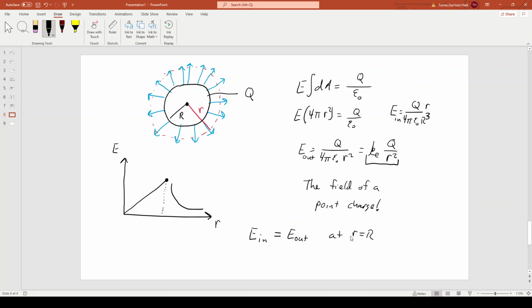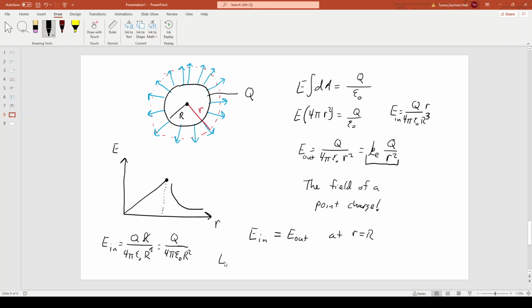So if I plug in capital R for little r into my E in expression, this reduces to Q over 4 pi epsilon naught R squared. Okay?